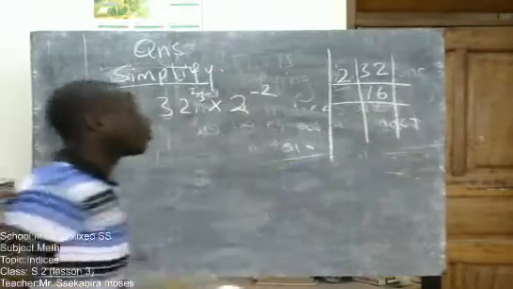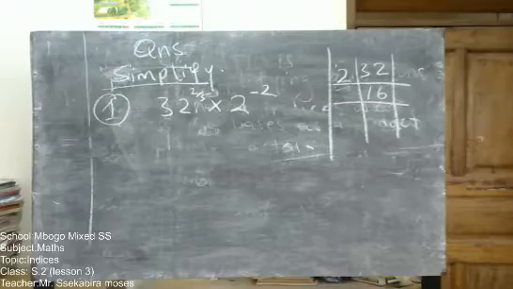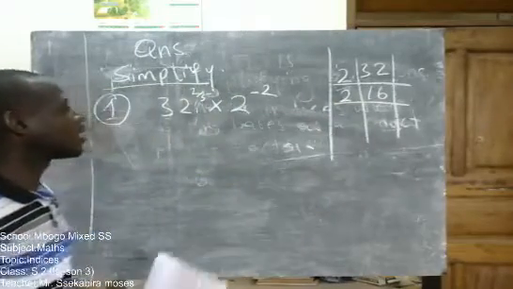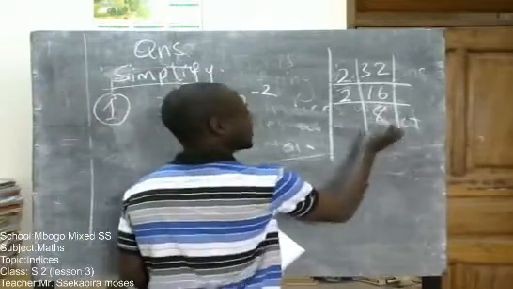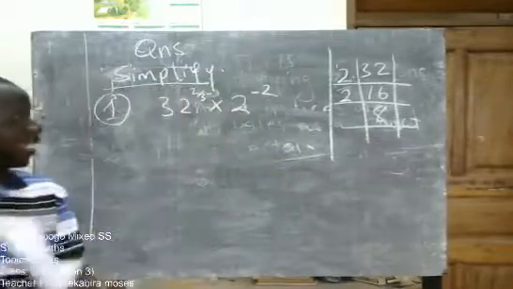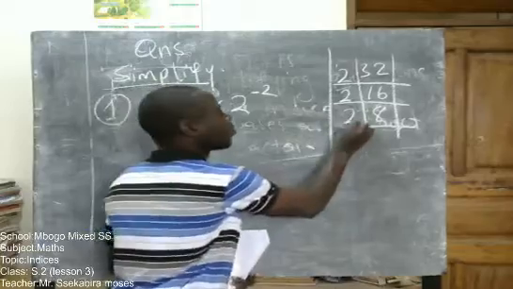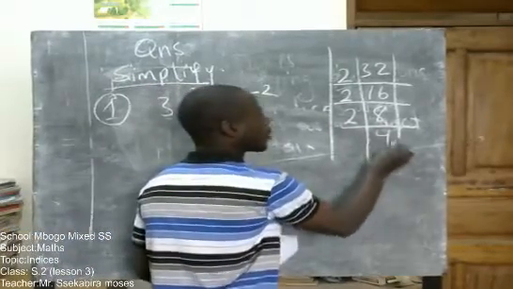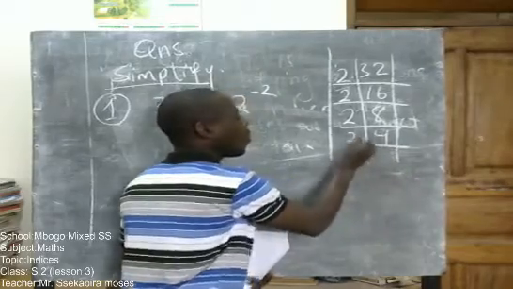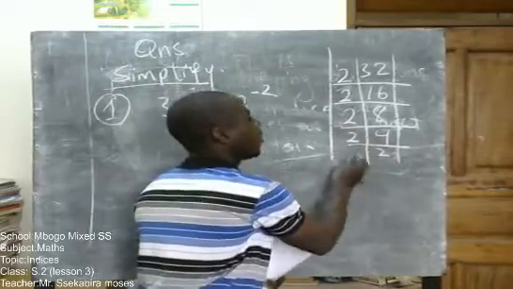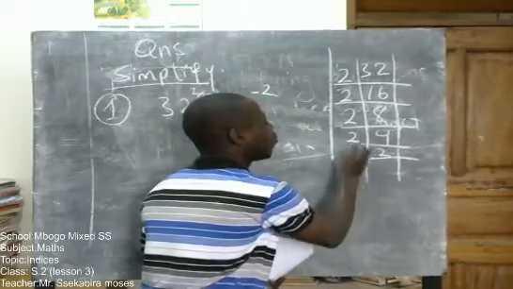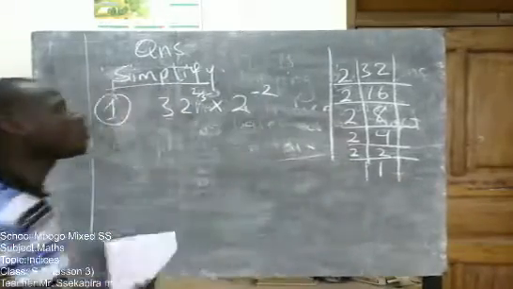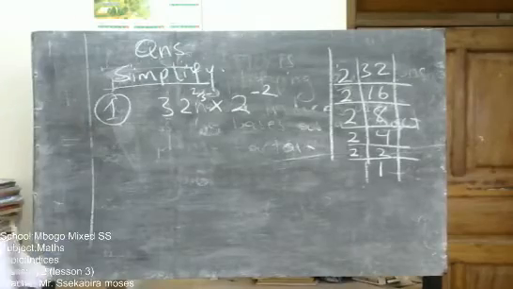You continue. 16 divided by 2, you get 8. 8 divided by 2, we get 4. By 2, we get 2. By 2, we get 1. So we have prime factorized 32.